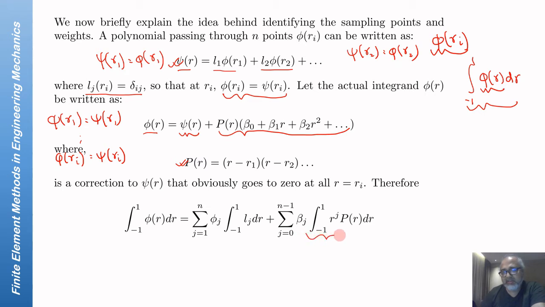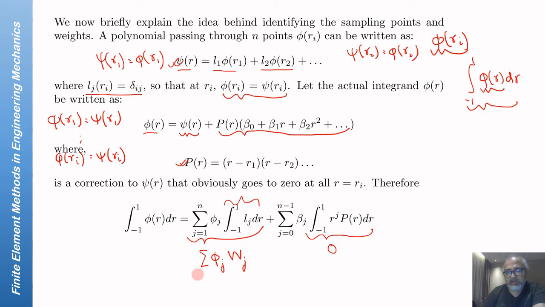Now consider the situation at some special r's. If this is 0 at some special r's, then at those r's this integral will be exactly equal to these summations. So at the special r's at which these integrals are 0, this integral can now be represented by a summation, where phi j is the value of the function at rj, and we call this quantity the weight wj.